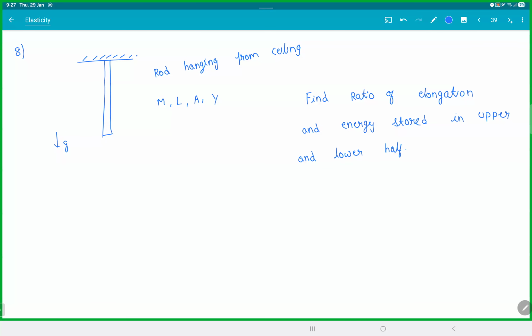Again, tension keeps changing in the rod. Let's take another standard question. So the rod stretches because of its own weight.